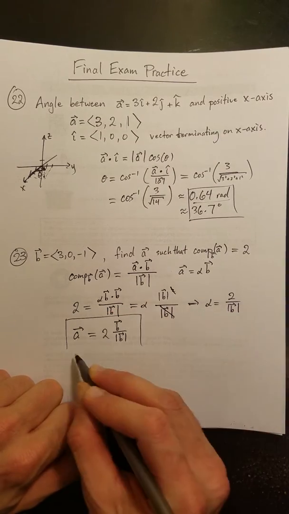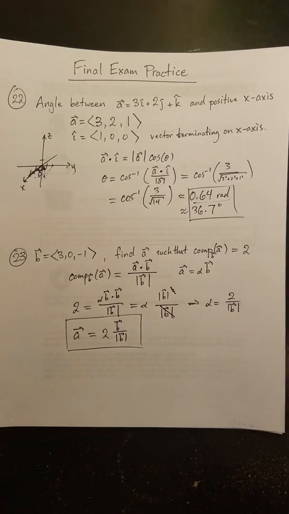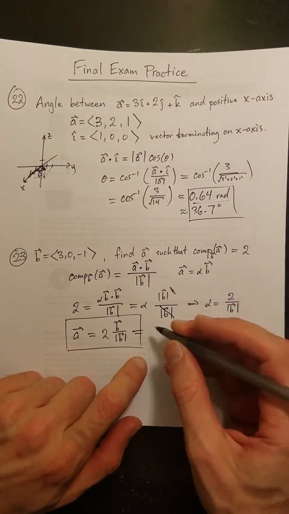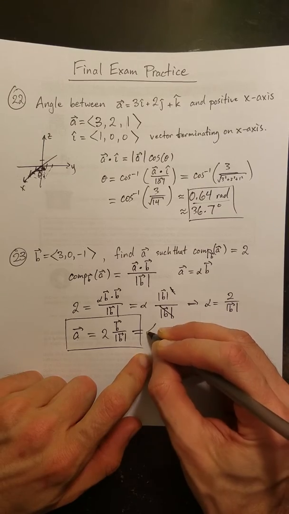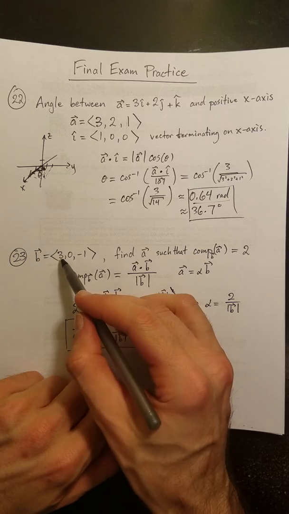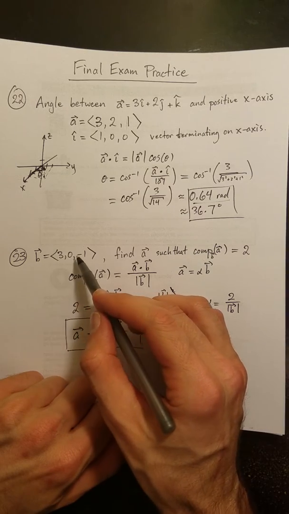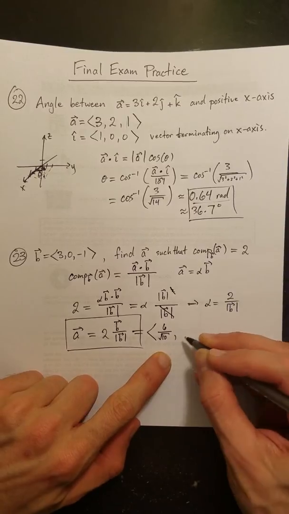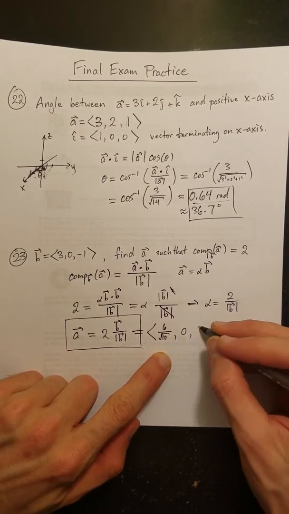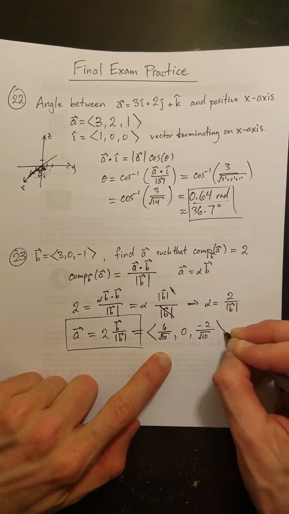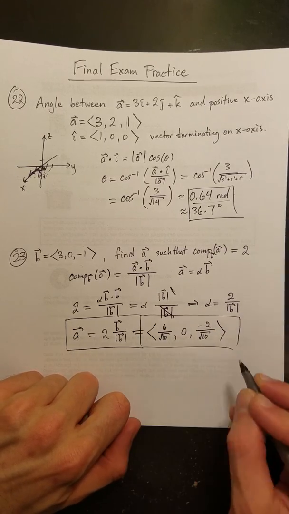So this works as a vector that satisfies this property, and so if we want the coordinates for this vector, we're just going to have to do 6 over the length of b, which is going to be square root of 9 plus 1, so this would be square root of 10, and then 0, and then minus 2 times square root of 10. And so these would be the components of this vector a.